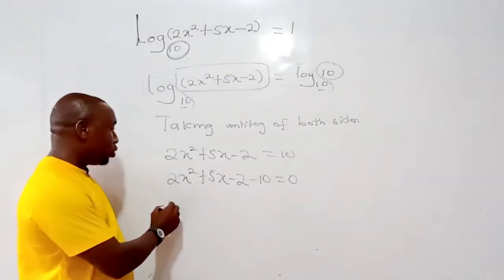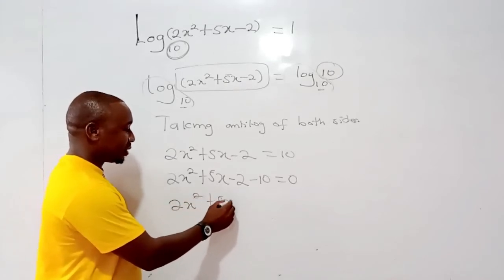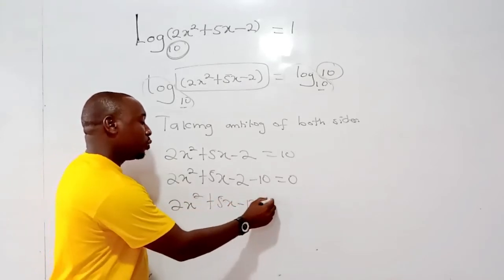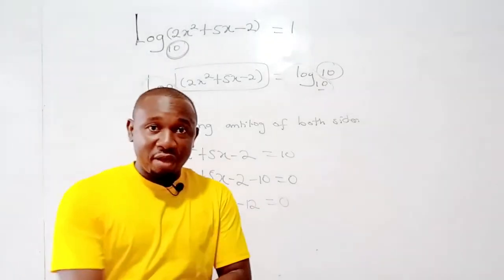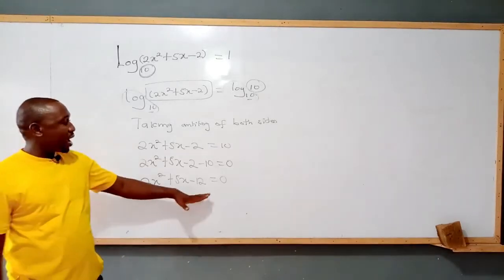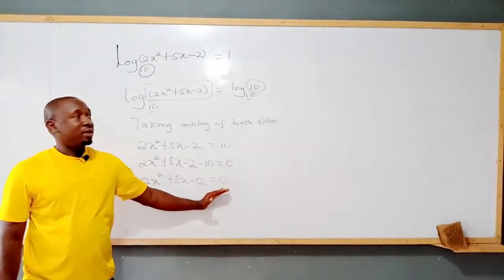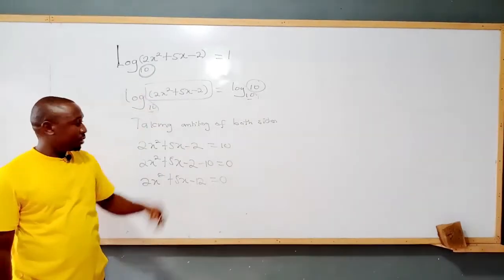And this will be 2x squared plus 5x minus 12, which is equal to 0. So now we have a quadratic equation from the logarithmic equation.